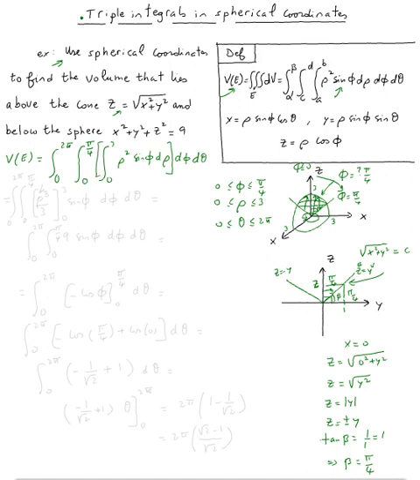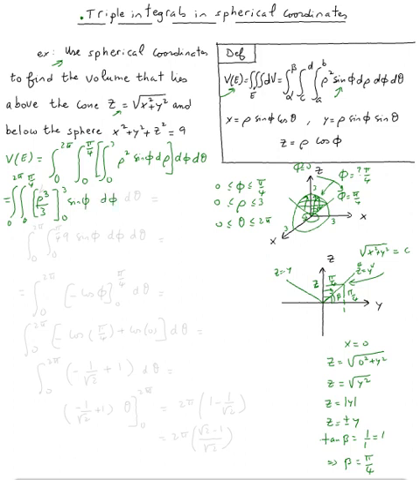So I'll do the inner integral first. This will be equal to rho cubed over 3 between 0 and 3, and then I want my double integral to go from 0 to 2 pi, 0 to pi over 4. And don't forget sine phi is a constant, I'm not going to touch it.